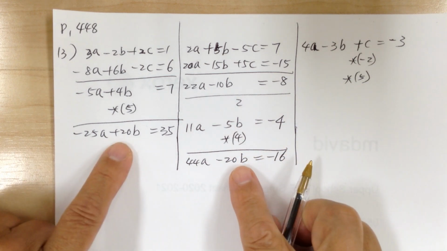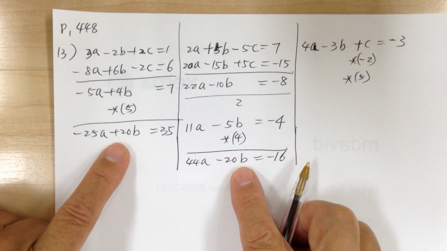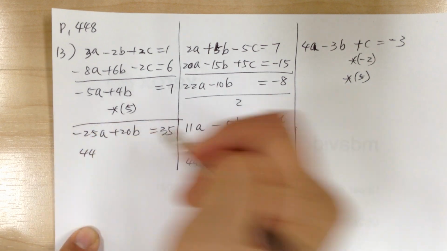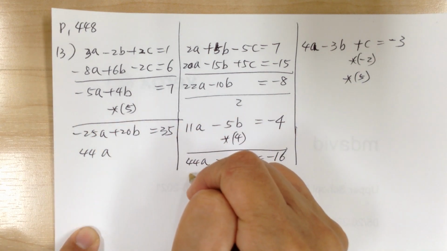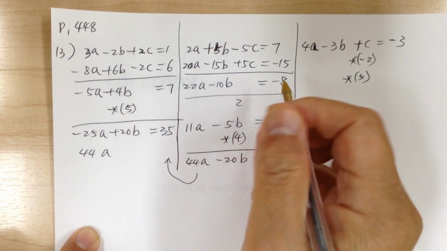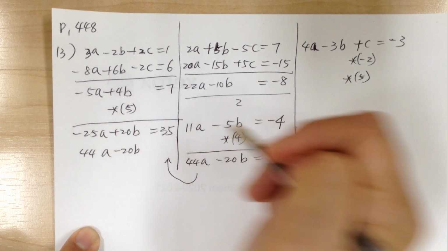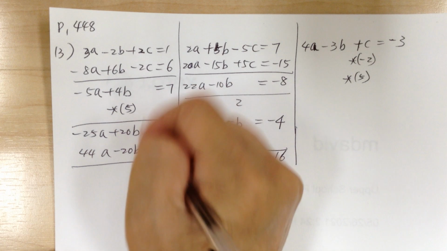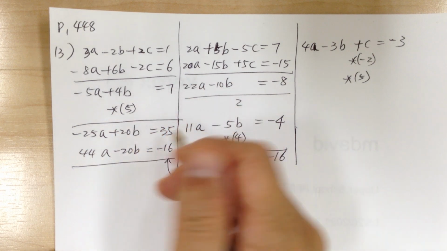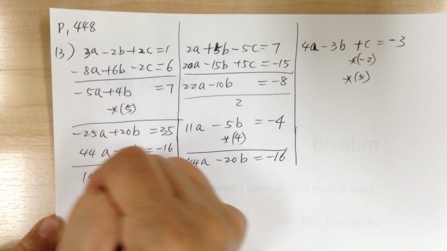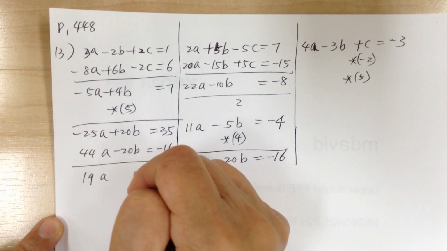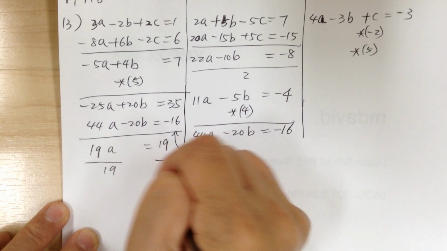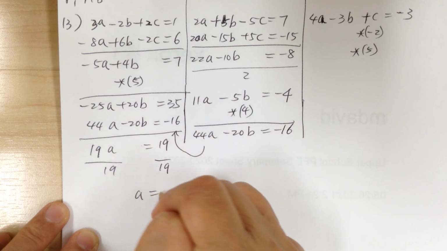You see that they're opposite, so you can put this underneath. The purpose is so that it will cancel out. You're going to get 19a is equal to 19. Divide by 19, so a equal to 1.